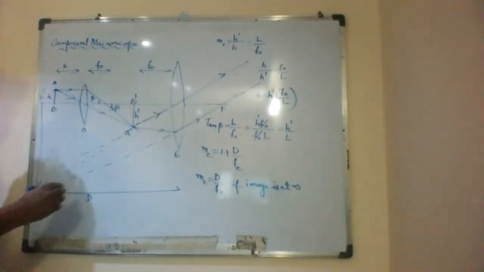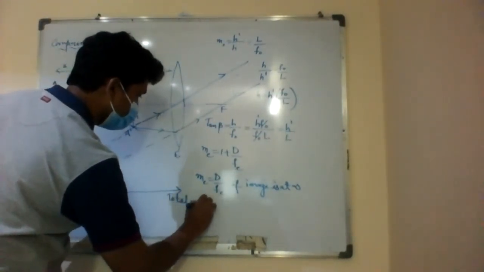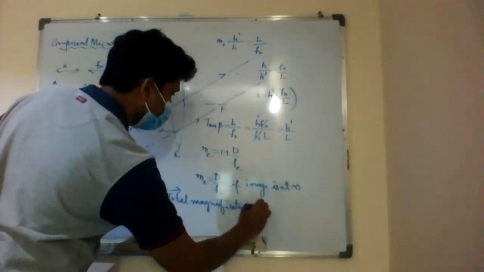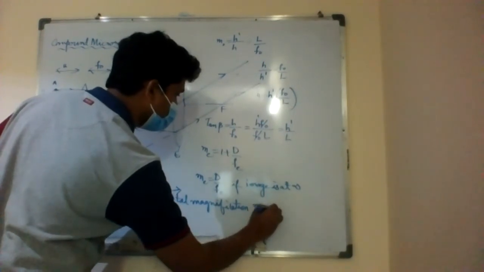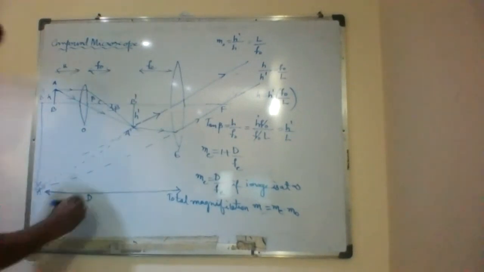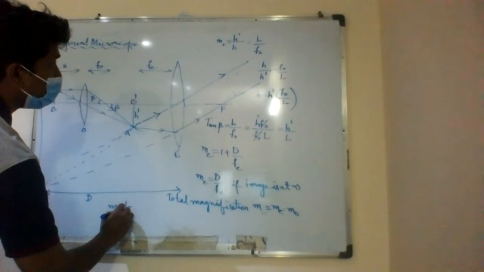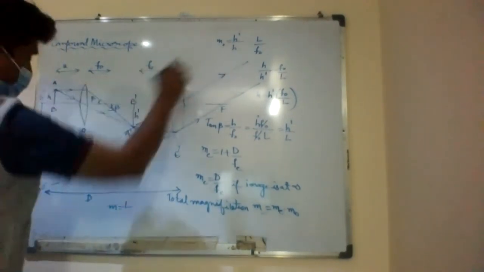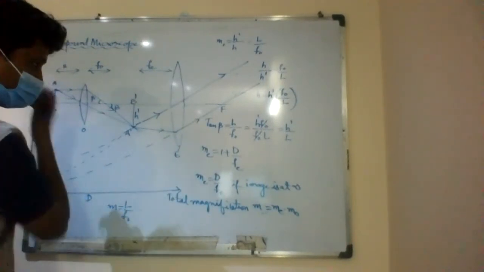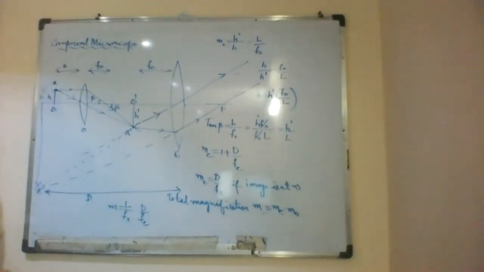So the total magnification is how much now? Total magnification for a combination of lenses: M equals ME into MO. So M equals L by FO into D by FE.